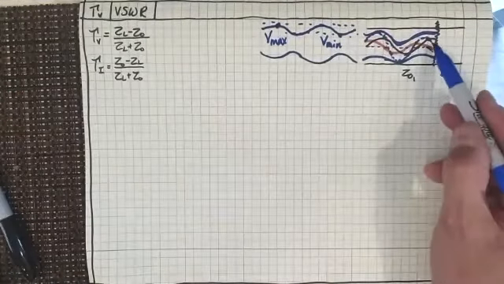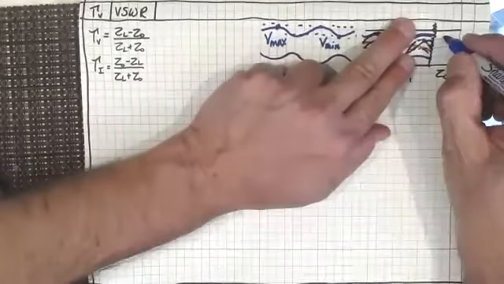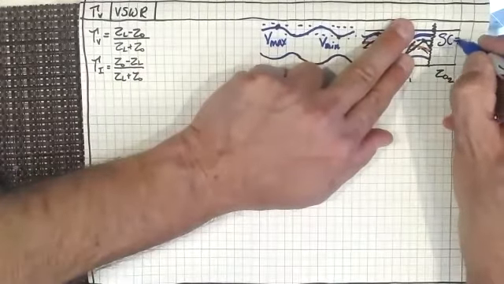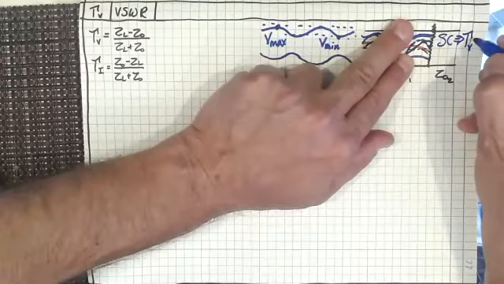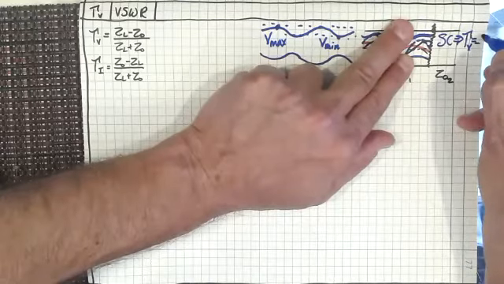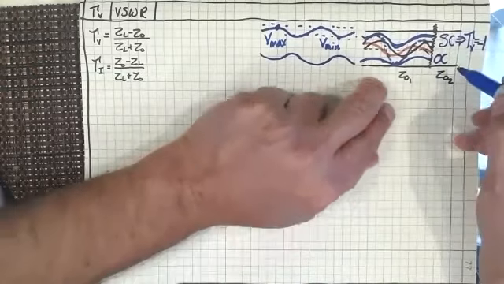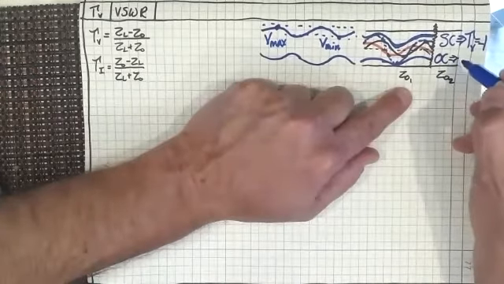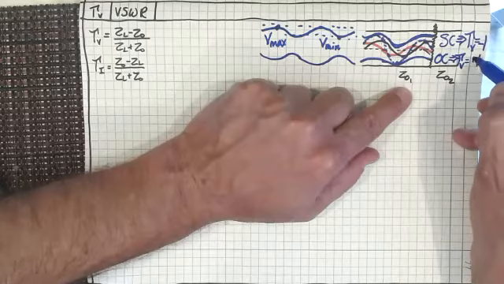Now, this would change if we had a short circuit on the end, right? Before I said that a short circuit is a voltage reflection of -1. And an open circuit is going to give us a voltage reflection of +1.